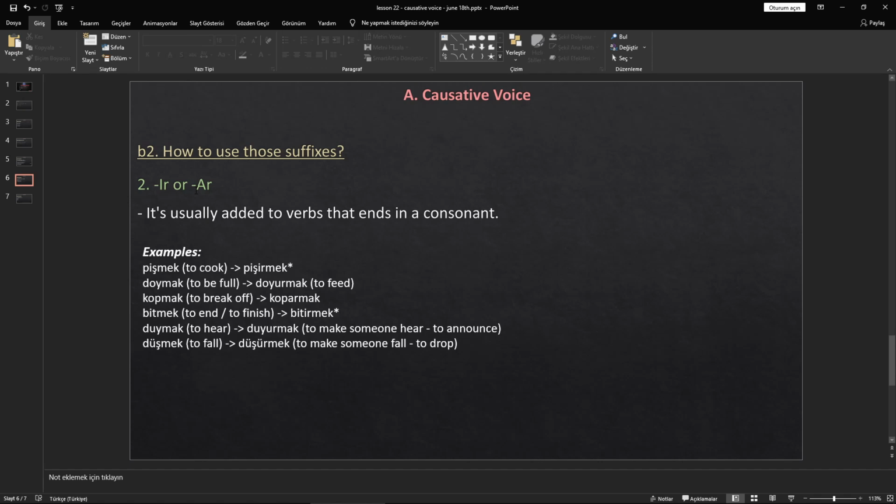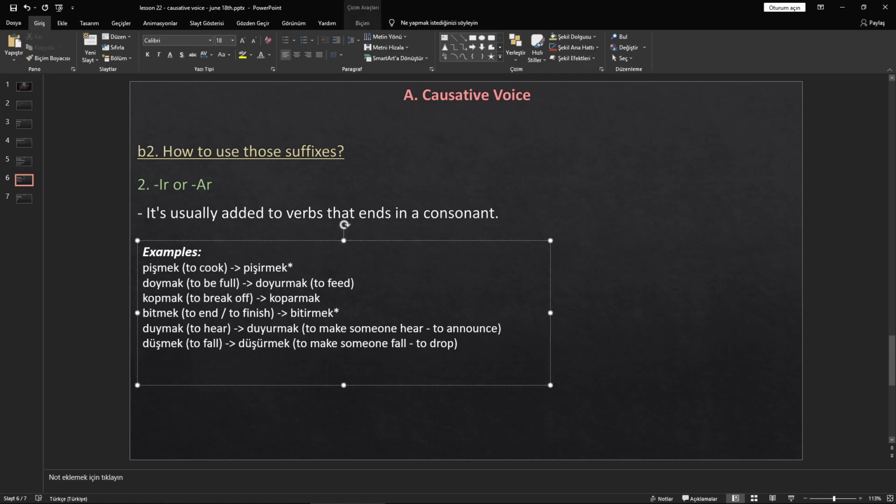It's actually one of the common mistakes. People say it in double causative, with two causative suffixes. It's a common mistake, but you can also even make it triple, like doydurturdu.